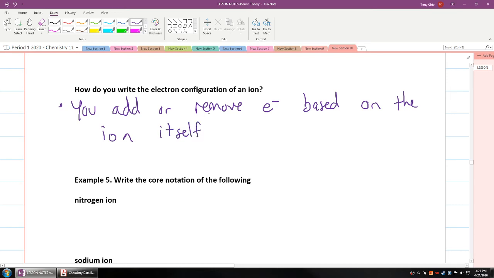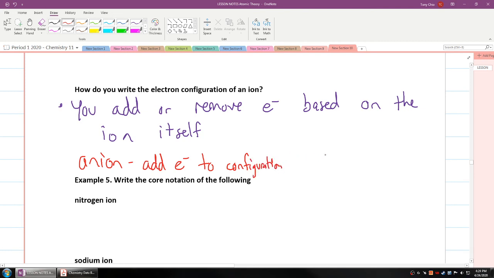Now we know that metals will lose electrons, while non-metals will gain electrons. So, what will happen if you have different ions? Well, for your anion, you just add electrons to the configuration.